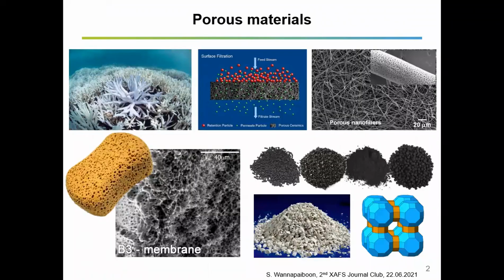As you can see from this slide, there are many kinds and types of porous materials which you can think about. It can be natural porous materials and also synthetic porous materials.